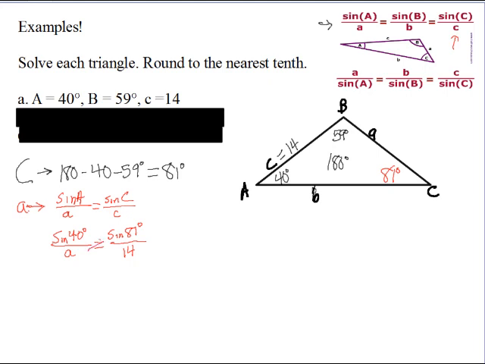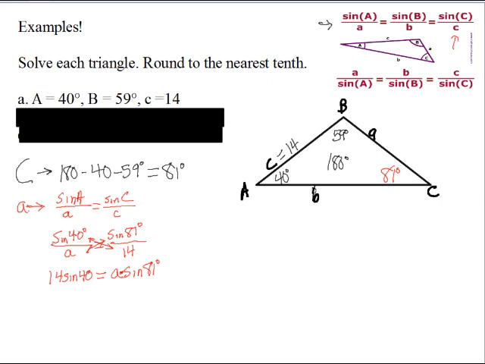And when I cross multiply, first and foremost, I get 14 times sine of 40 is equal to little a times sine of 81. Let's put a little times right there.